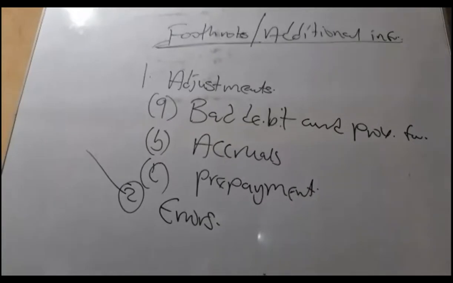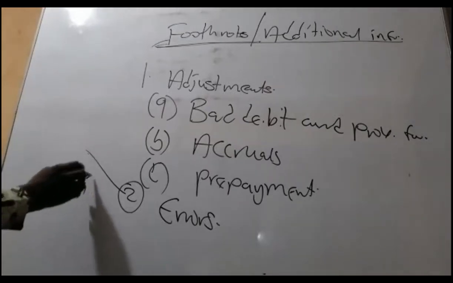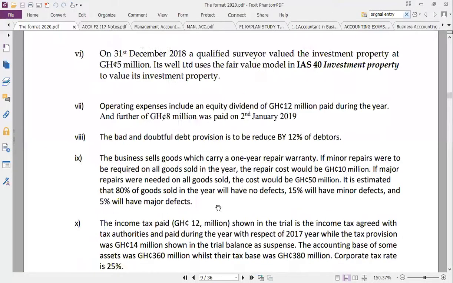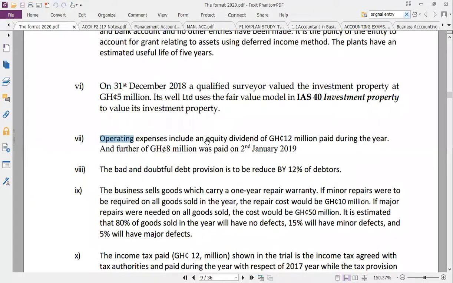Okay. That is errors. Now let me give you a critical example of the errors. How do you treat dividend? We've come across dividend. Dividend paid. Let's go to question 2. One of the notes, note 7, just the first sentence, says operating expenses include an equity dividend of 12 million. Wow, operating expenses.